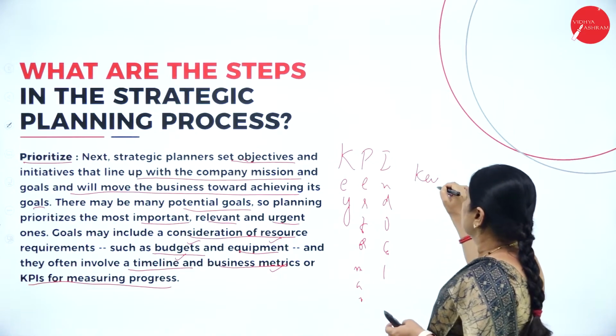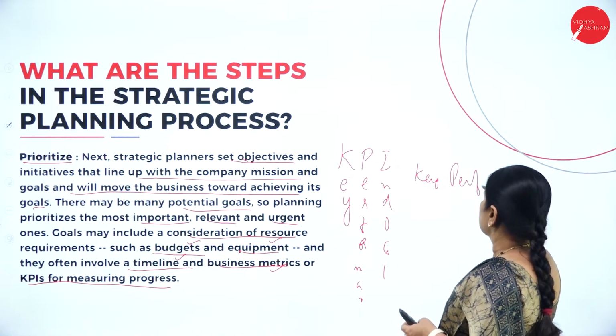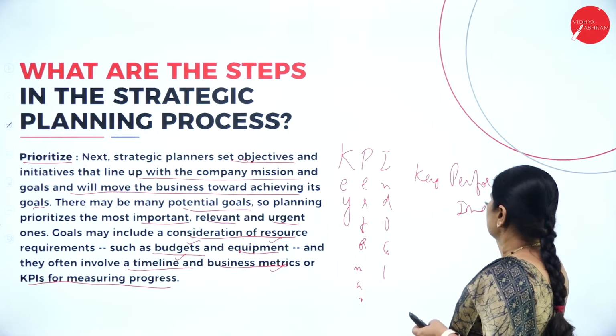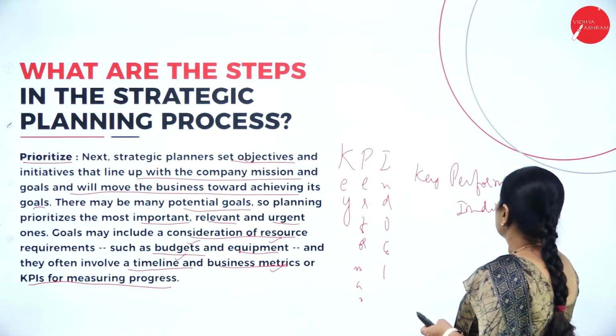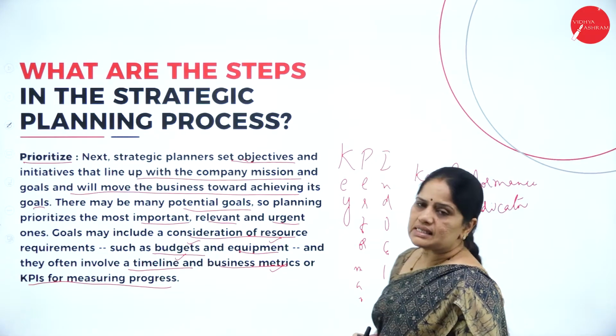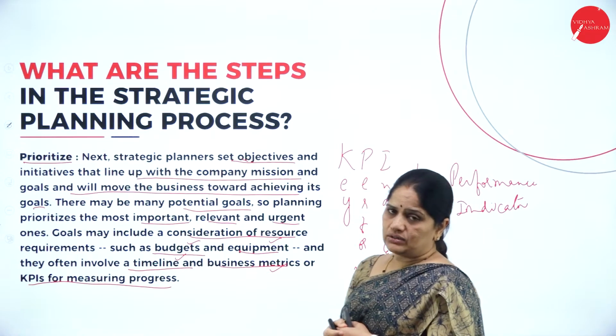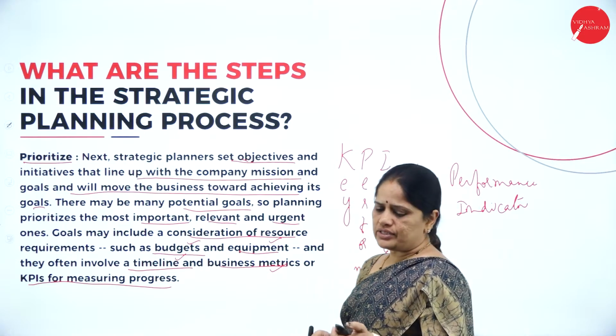These are the KPIs. They will tell us where exactly the business is. So based on the priorities, we carry out the goals of the organization.